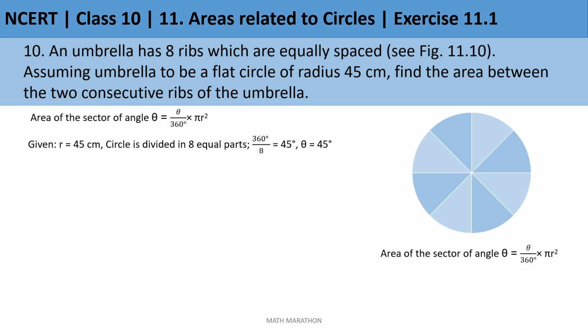So, theta is 360 degree by 8, which is 45 degree. Area of a sector is equal to theta, which is 45, divided by 360, multiplied by pi, which is 22 by 7, multiplied by r square, which is 45 square.